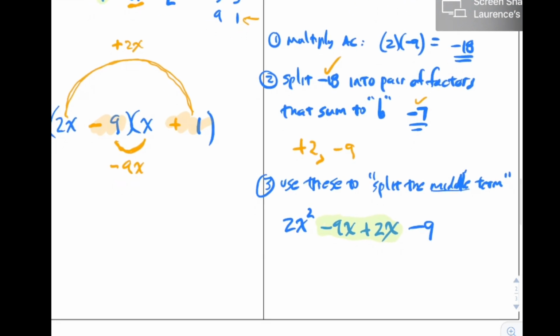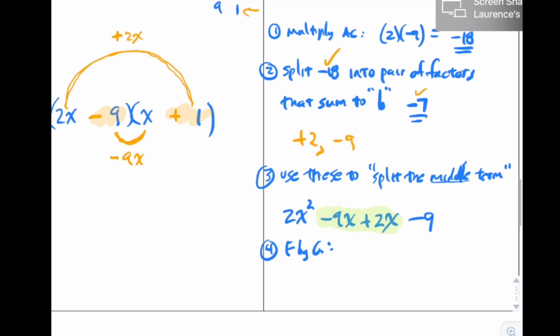Then you factor by grouping. F by G, factor by grouping. So the first two is going to be a 2x squared minus 9x, and then we're going to have a plus 2x minus 9. Then from the first group, you know you can pull out an x at least, 2x minus 9.